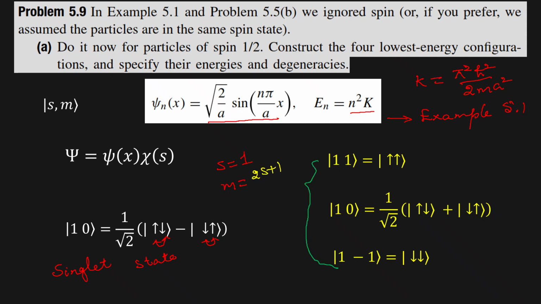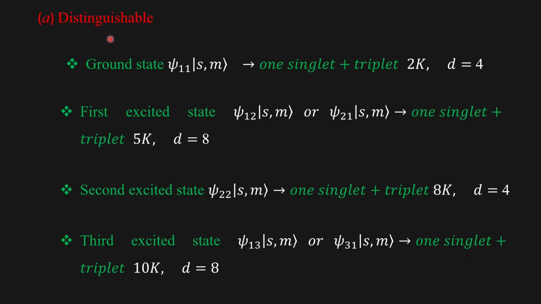These three states are called the triplet state. With this understanding, we will move further. Now we will see the energy and degeneracy.